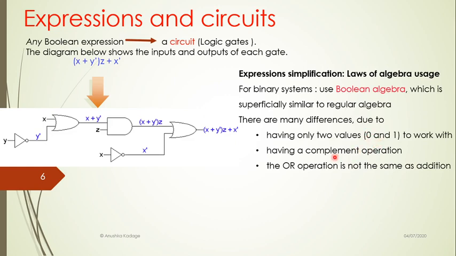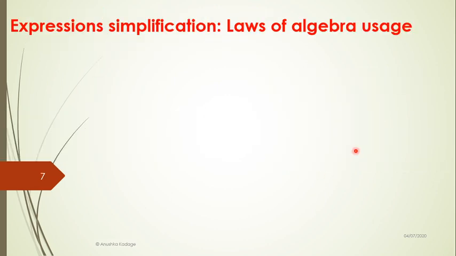Then Boolean algebra consists of the complementing operation, which is not present in regular algebra. And never make the mistake of considering the ORing operation as the addition operation from regular algebra. So these are the three major factors which separate Boolean algebra from regular algebra.